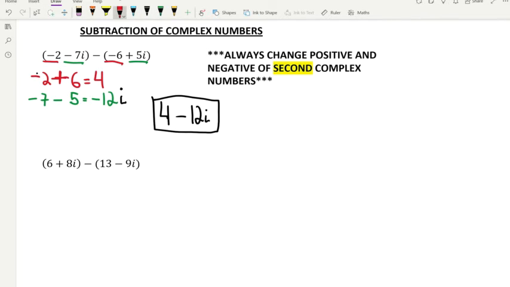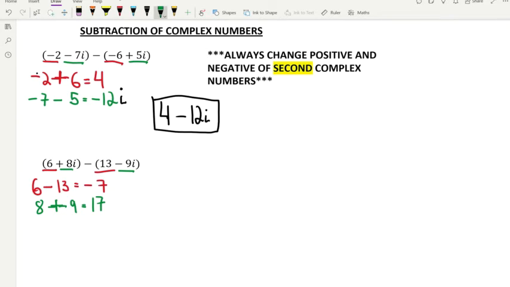Let's do one more, because this is a little bit trickier. 6 minus 13. 6 minus 13, negative 7. And 8i minus -9i, well, that's 8 minus -9, which is, as you guys know, positive. So that's 8 plus 9, which gives us 17.